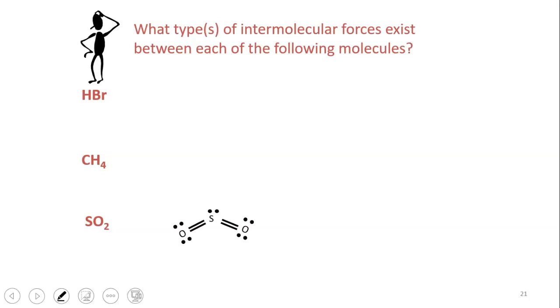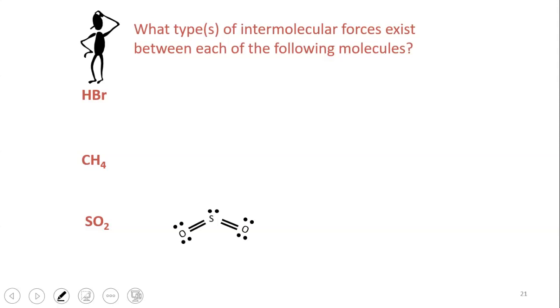And I took the liberty of drawing the SO2 structure for you. You may have an older version that has one of the resonance structures with one S=O double bond and one S-O single bond. But you can draw it this way also to minimize formal charges. The shape is still going to be the same.